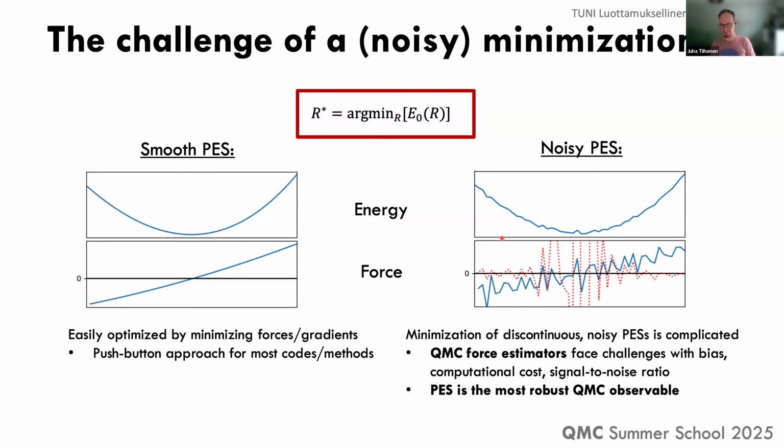It's just that force estimators face a few challenges, and therefore it is intriguing to try out energy minimization without having to deal with them, and instead focus on the PES, which is the most robust QMC observable, I think.